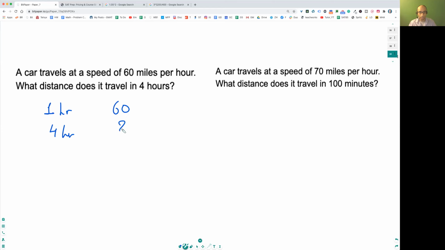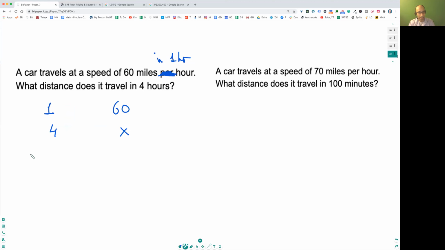Okay, so again, you can do your cross multiplication like you did before, right? Remember, anytime you see the word per, it means 60 miles in 1 hour. So now it's the same problem like you did before, right? In 1 hour, you travel 60 miles. So in 4 hours, how many miles do you travel? So you can do the cross multiplication and always you can remove these units here or these variables.